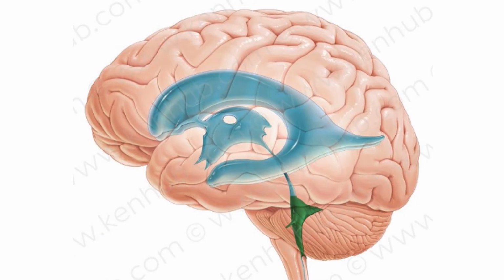These are the ventricles of the brain. This is the lateral ventricle in the cerebral hemisphere. This is called the anterior horn, and this is the posterior pole of the brain, and it is called the posterior horn.